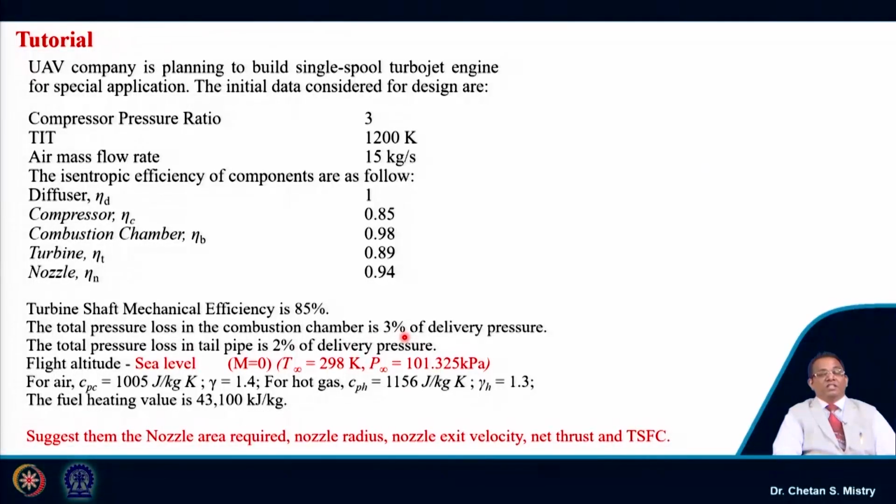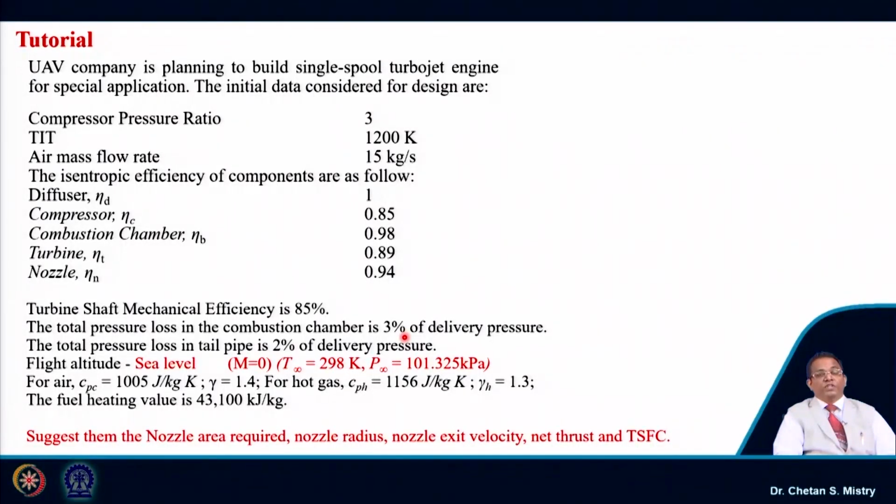The initial data considered for the design are compressor pressure ratio, turbine entry temperature 1200 K, air mass flow rate 15 kg per second, isentropic efficiency for the diffuser 1, that is 100%, compressor efficiency 85%, combustion chamber efficiency 98%, turbine efficiency 89%, nozzle efficiency 94%, and turbine shaft mechanical efficiency 85%.